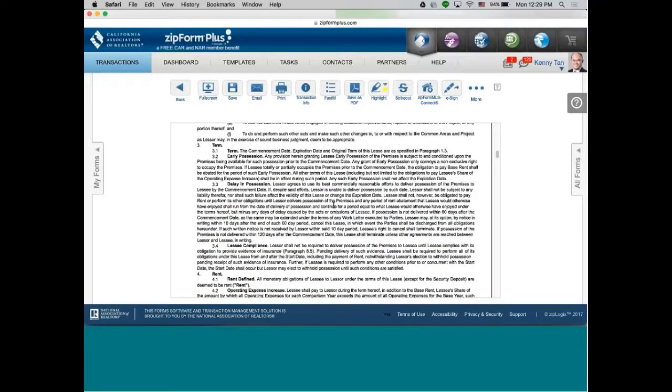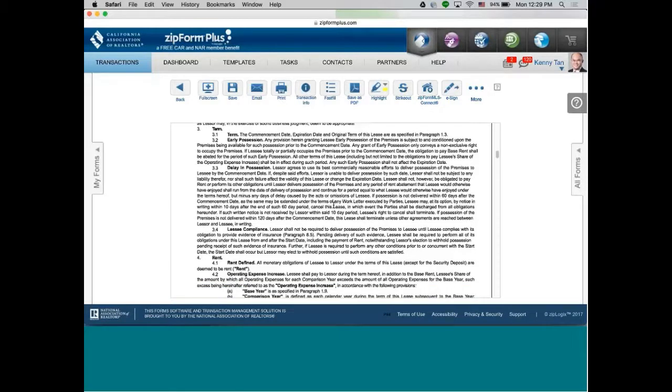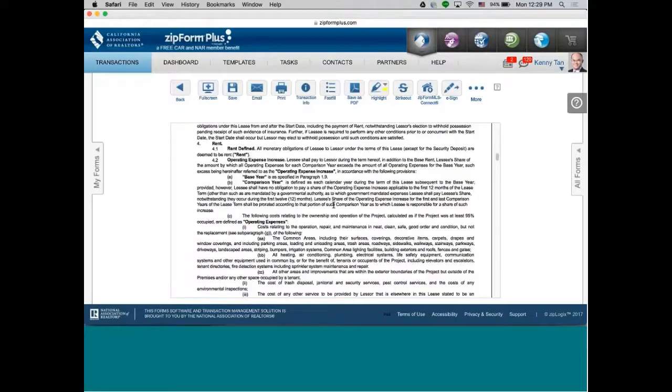Term, the same thing as before. We are not going to cover it again. And operating expense increase, let's talk about that. 4.2.